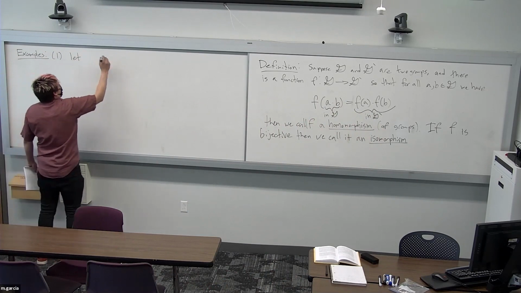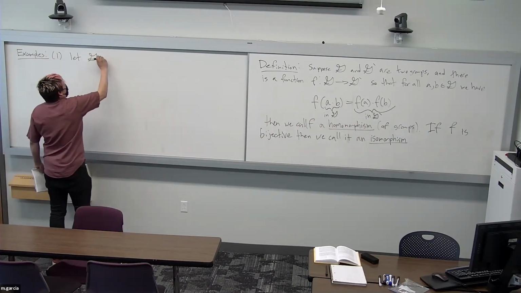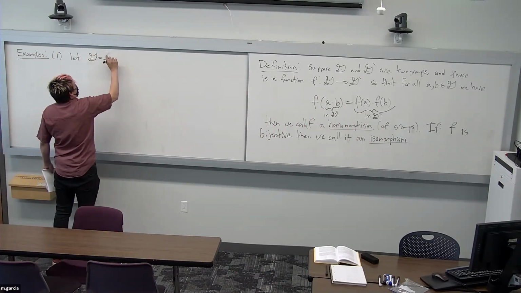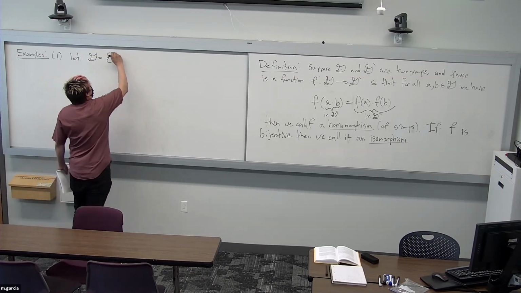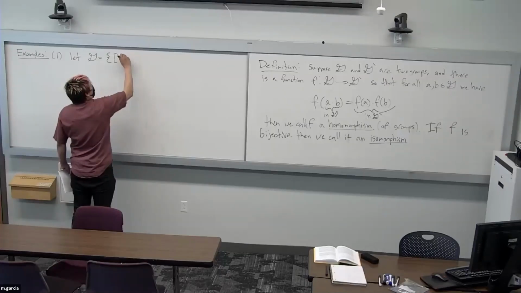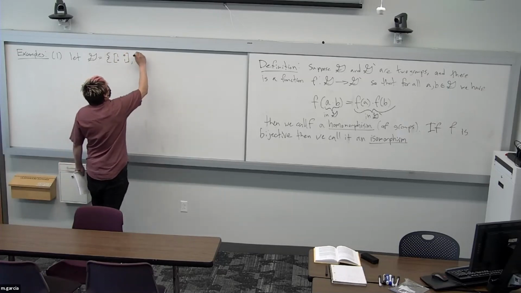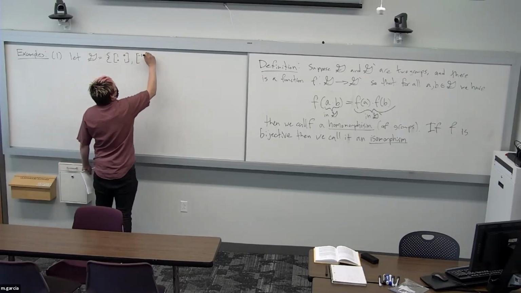All right, so let's let G just be a set consisting of two matrices. The identity matrix and the negative of the identity matrix.